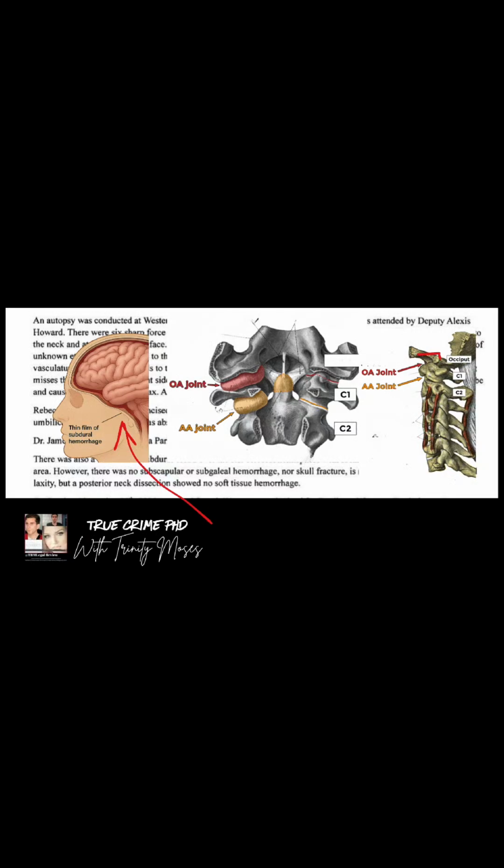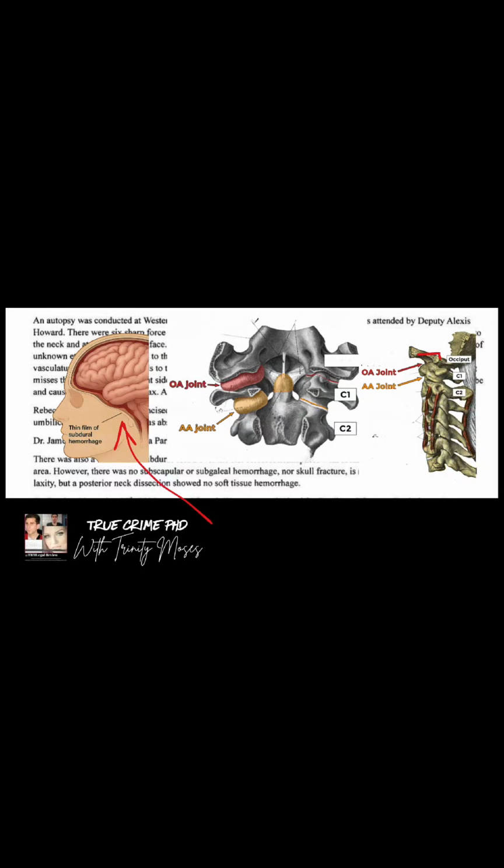There is no decapitation. So the most likely explanation, okay, and this is going to be an educational thing for most of you, the explanation for OA laxity in this case, given the totality of findings, is that the OA joint laxity is most consistent with post-mortem ligament relaxation.